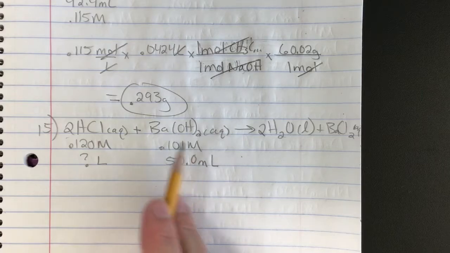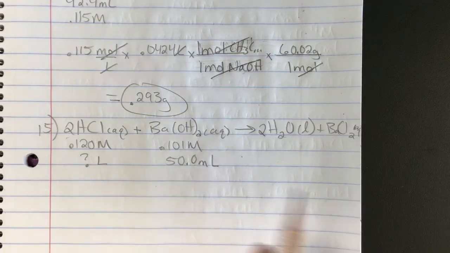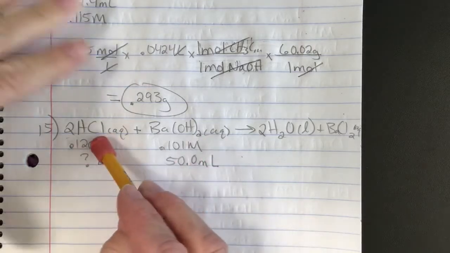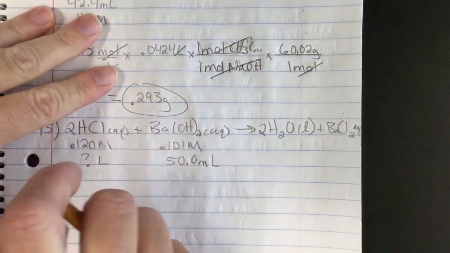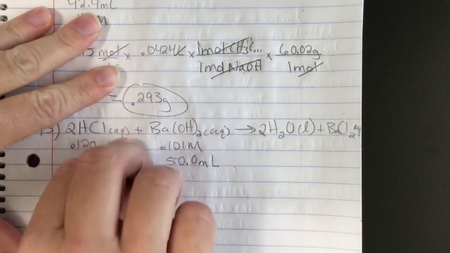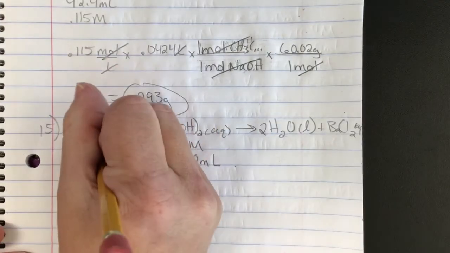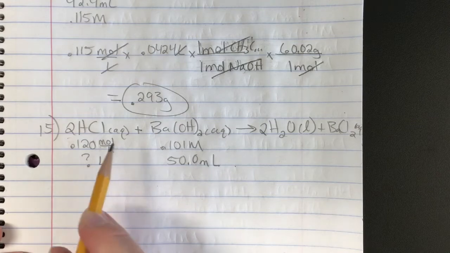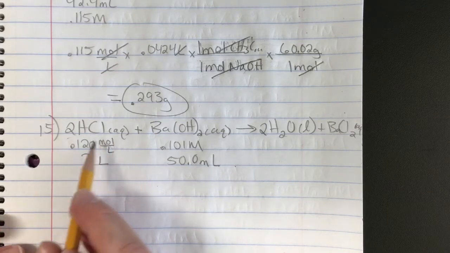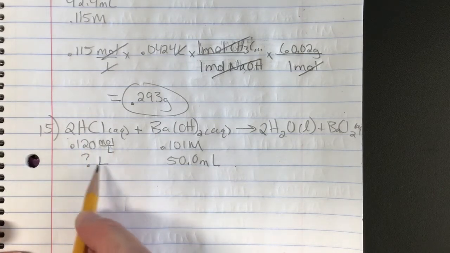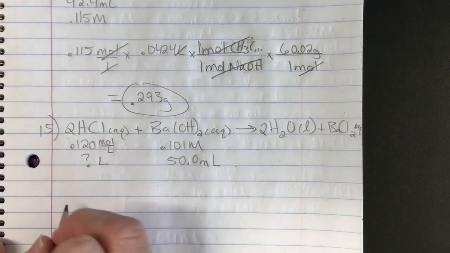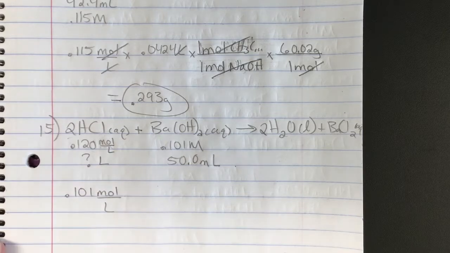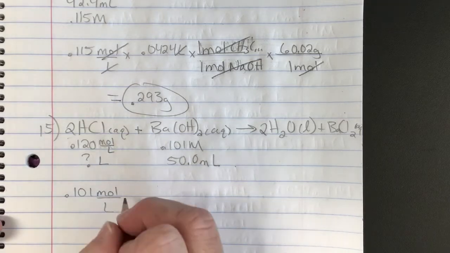So we're going to start with this and go to moles, because you always have to use that mole ratio. And once I find moles of my acid, then I can take my moles divided by my concentration to get my volume. So we're starting with what we know about barium hydroxide.